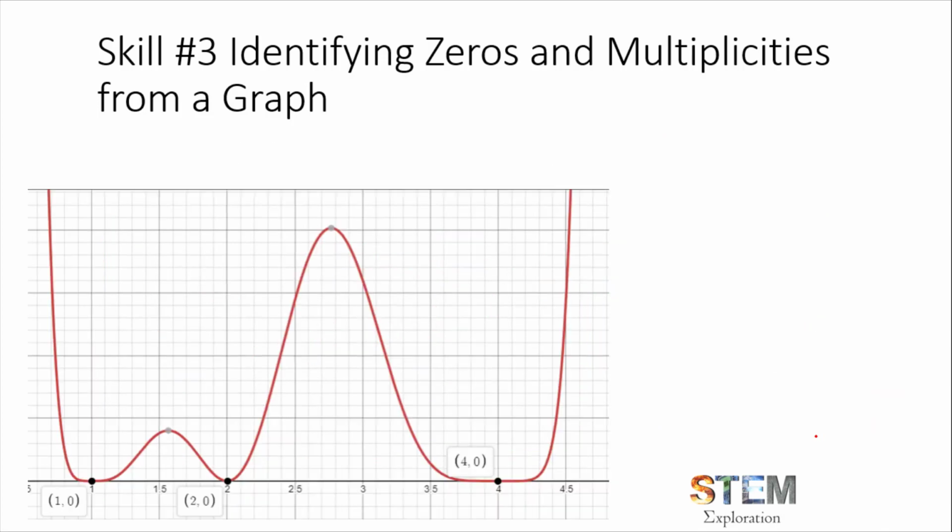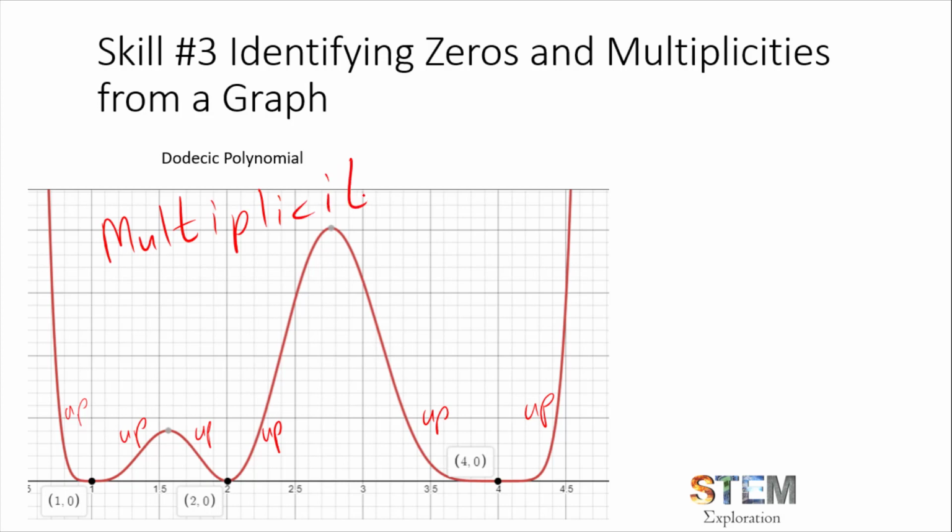So now let's look at this one. This is a dodecic polynomial, and what I'm going to show you here is that we have up and up again, and look, up and up again. So what I'm going to tell you about this specific polynomial is that all the multiplicities are even, because all of these roots have to have even powers representing them.